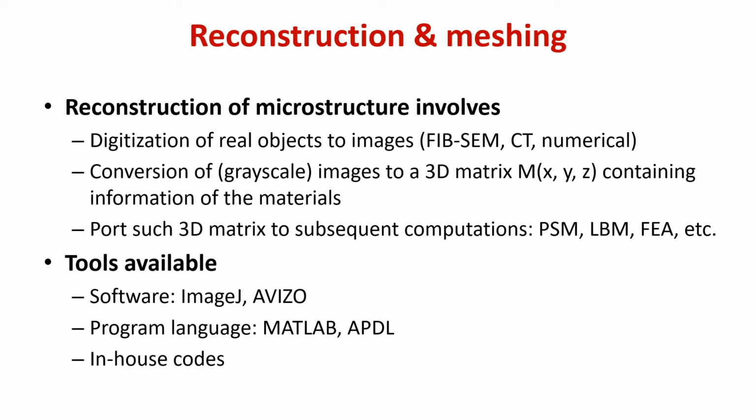After this, we then convert these 3D image information to solid models and mesh these models according to the format of the software used for analysis. Some popular software include ImageJ and Avizo. For numerical reconstruction, most computer languages such as MATLAB or software languages such as ANSYS APDL can be used.